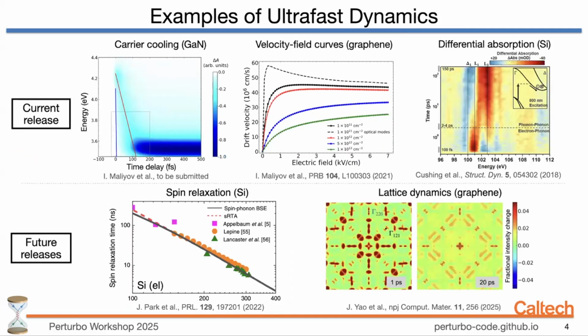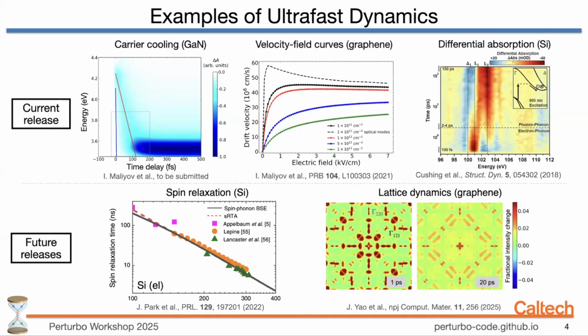The current RTBTE implementation in Perturbo addresses many problems of non-equilibrium dynamics, such as the things I listed on the top row. For example, there is the carrier cooling mediated by phonons, or you can compute the velocity field curves, which are the drift velocities as a function of electric field. And you can also compute the differential absorption signal as one of the latest features that we will be showcasing today.